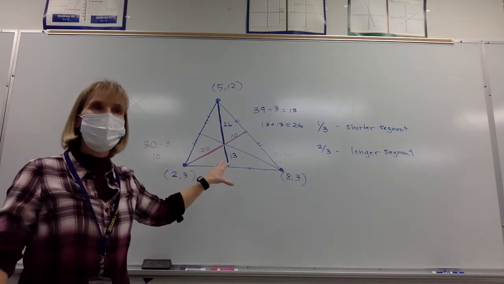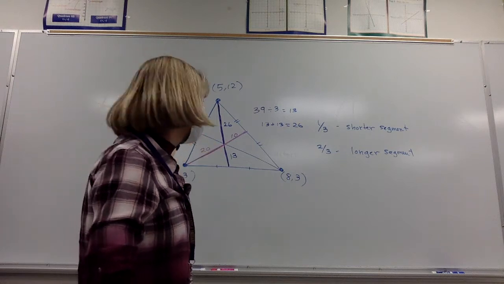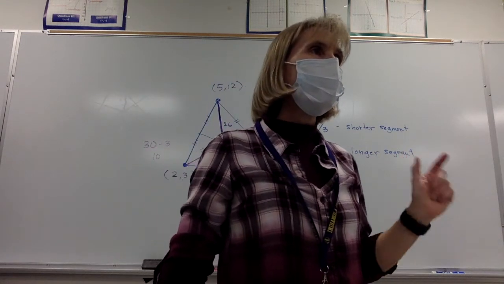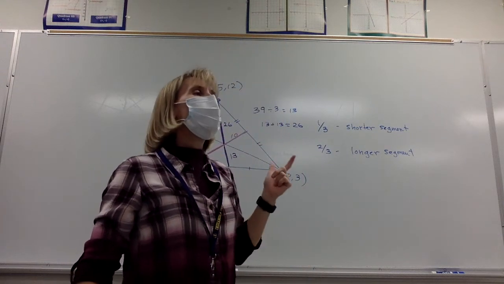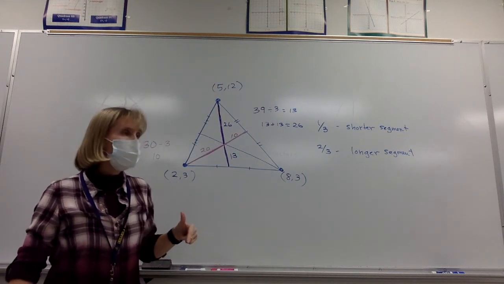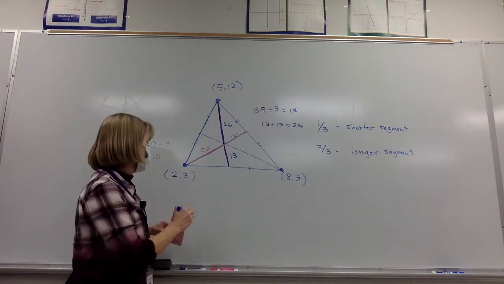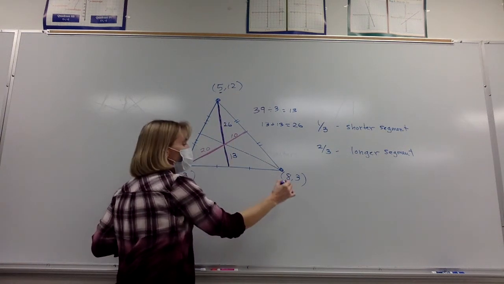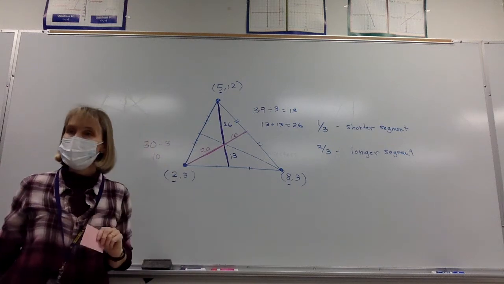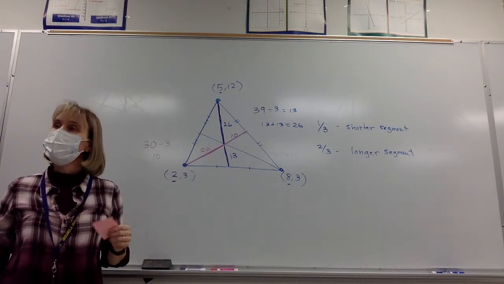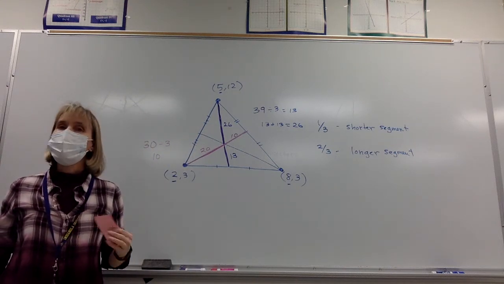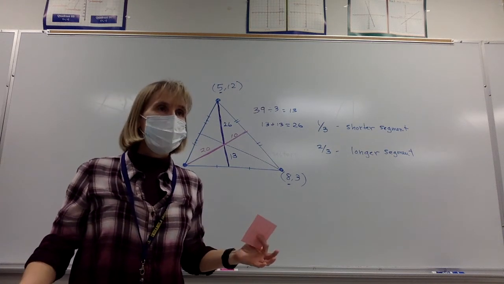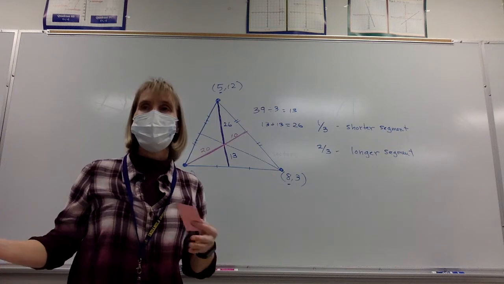If I can put a triangle on a coordinate plane where you can tell me what the vertices are, you can find the location of the centroid by averaging the coordinates. So if I take the x values out of all of the vertices, if I average them, I'll know where the centroid is. How do you average a set of numbers? Add them all together and then divide by how many. Add them together and divide by how many there are.